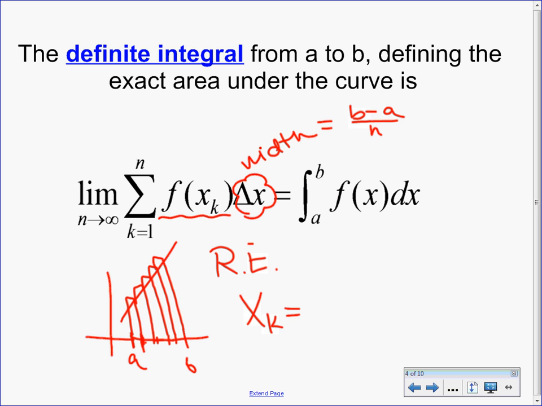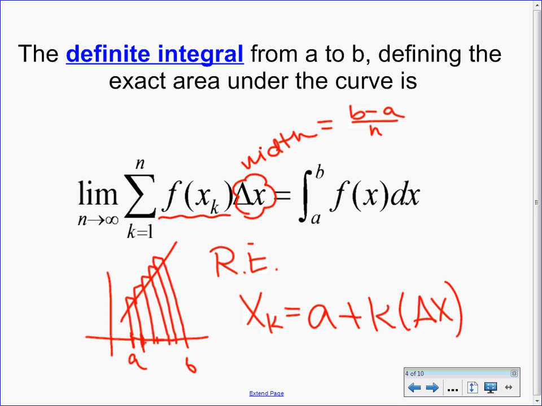So x of k, we're going to write as this. First of all, we have to start with A. Second of all, we're going to add how far away we are from A. So our first rectangle is going to be delta x away from A. Our second rectangle is going to be 1, 2 widths away from A. Our third rectangle is going to be 1, 2, 3 widths away from A. That's why we have the k times the width.